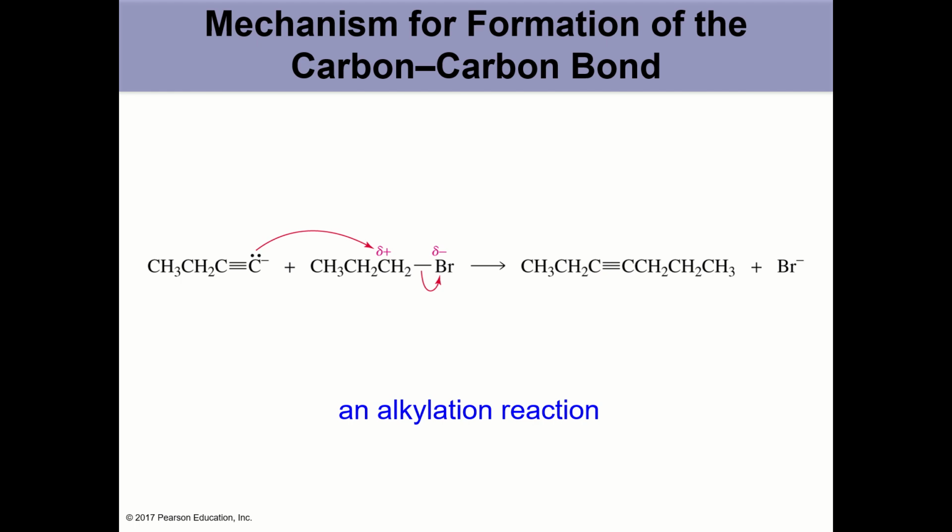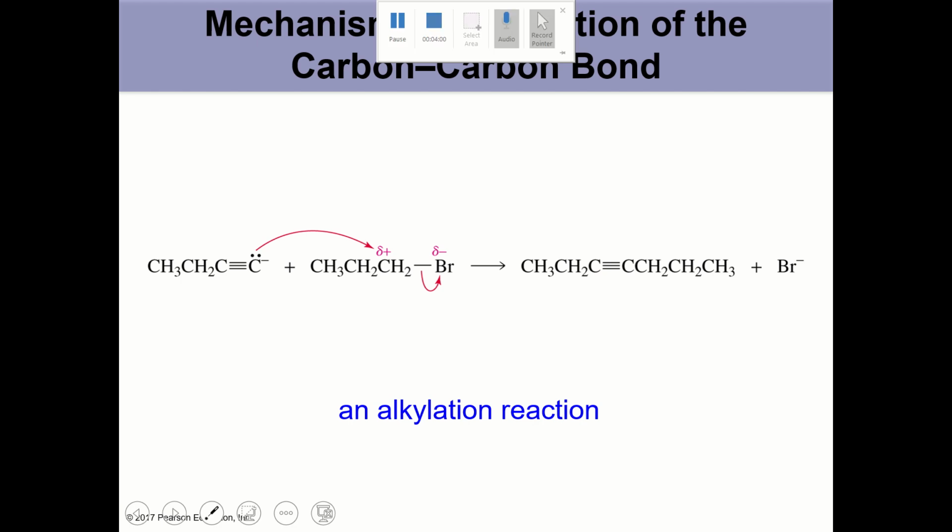So here's your book's illustration of the mechanism. Going through this again, we've shown the formation of the acetylide ion on the previous slide. The acetylide ion is our nucleophile donating a lone pair to our electrophile, this partially positive carbon.